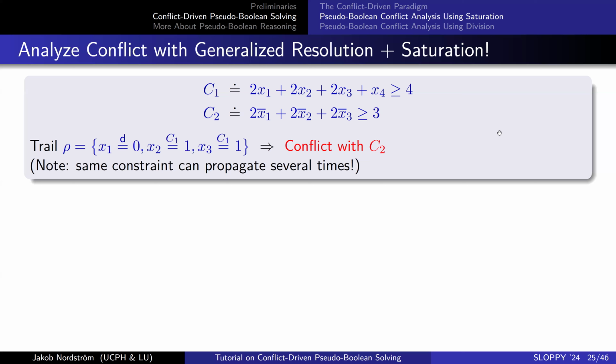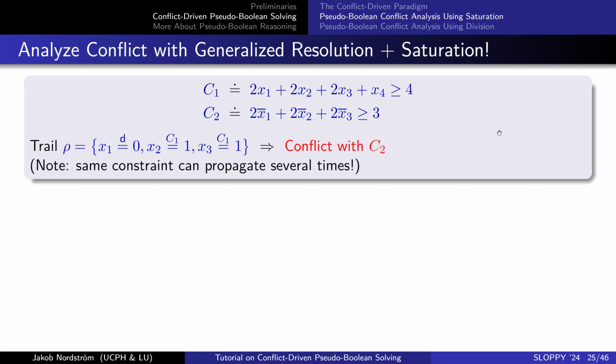And that actually triggers propagations for both x2 and x3. This is another interesting thing if you're coming from a SAT point of view, that the same constraint can fire several times. A clause only propagates one variable and then you're done. In general, the pseudo-Boolean constraint can propagate multiple variables at the same time or even at different times.